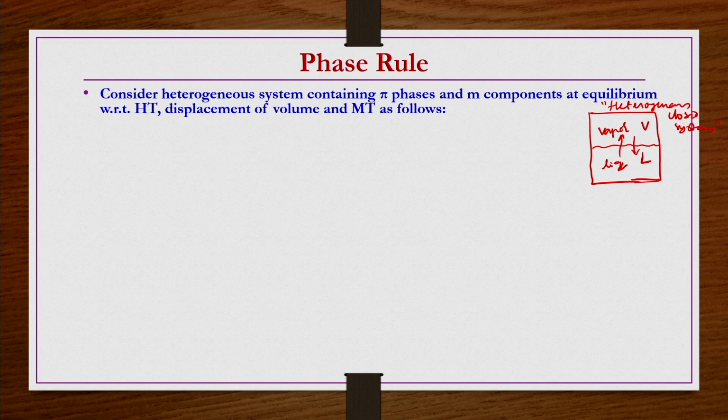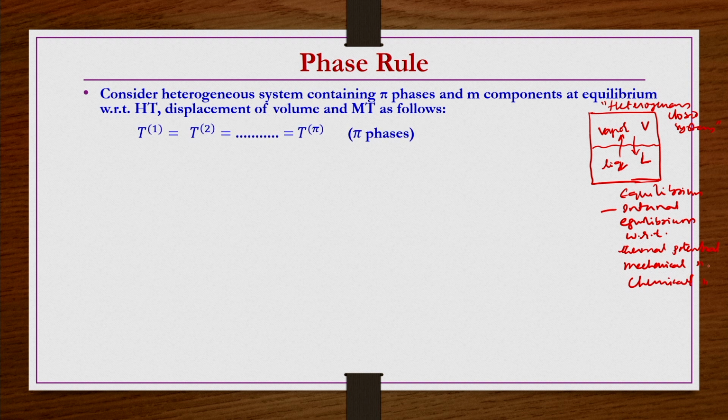So, this heterogeneous closed system we can say is at equilibrium if there is internal equilibrium with respect to heat transfer, that is the thermal potential, with respect to the displacement of volume, that is the mechanical potential, and with respect to the mass transfer, that is the chemical potential.